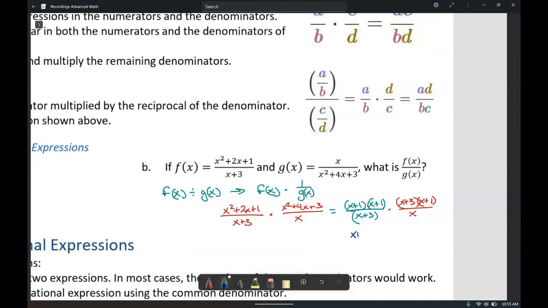Because I have x plus 1, x plus 1, x plus 3, x plus 1, all over x plus 3 and x. Our only common factor is the x plus 3. So we are left with x plus 1 cubed all over x.